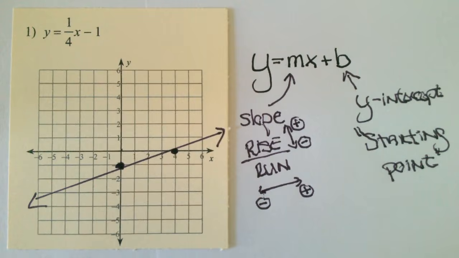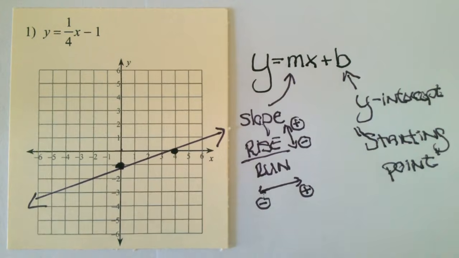Nice, easy, relaxed. So this is how you graph an equation, especially a linear equation. So especially if they give it to you in what's called slope-intercept form, you start at the constant.